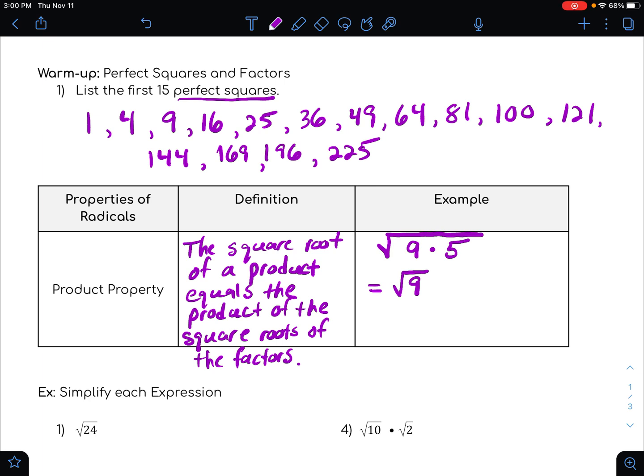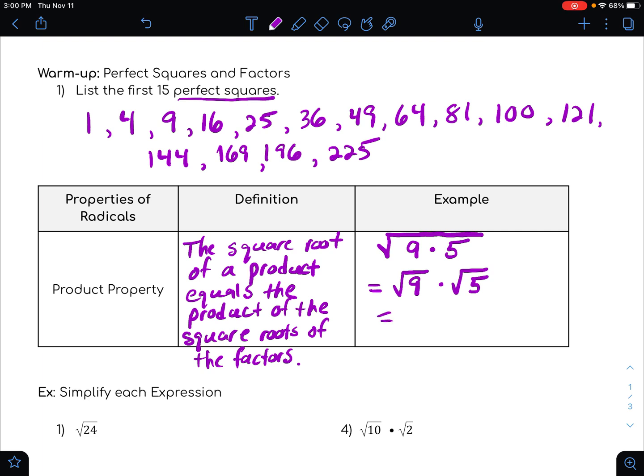Remember, a factor is a number being multiplied with another to equal something else. So the product of the square roots of those factors, I should say. So the square root of 9 times 5 is equal to the square root of 9 times the square root of 5. So we can separate those out into two separate square roots that are being multiplied.